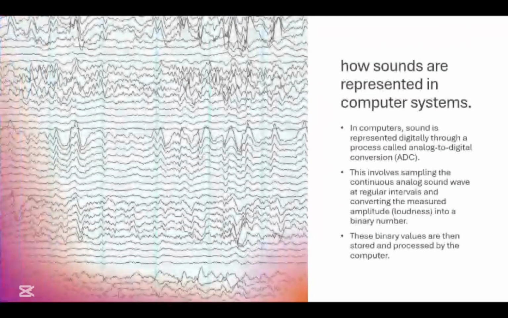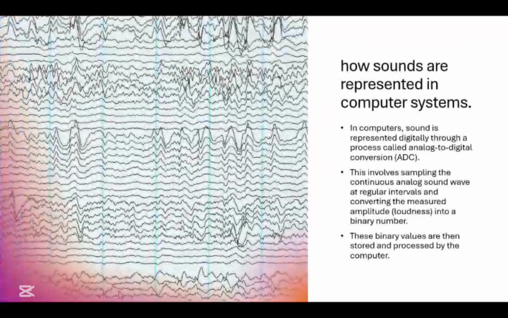How sounds are represented in the computer system. Now let's discuss how sounds are represented digitally. Sound wave, image and text. In computers, sound is represented digitally through a process called analog to digital conversion or ADC.